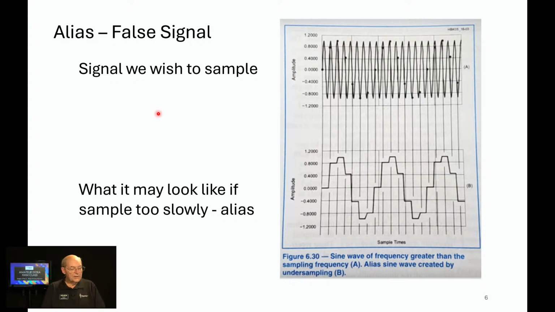Now we'll take a look at what happens if we fail to sample at least 2 times the material frequency that we're trying to get. These little dots here, each little dot, they might be a little hard to see, but these are samples. And you'll see that the sampling is happening much slower than the sine wave that's trying to be sampled. So if you connect the dots, here's a dot that corresponds to this. Here's a dot, it corresponds down there.